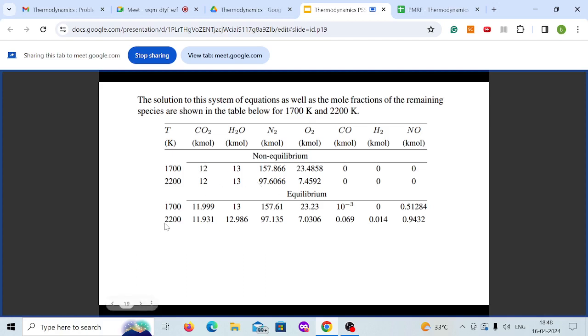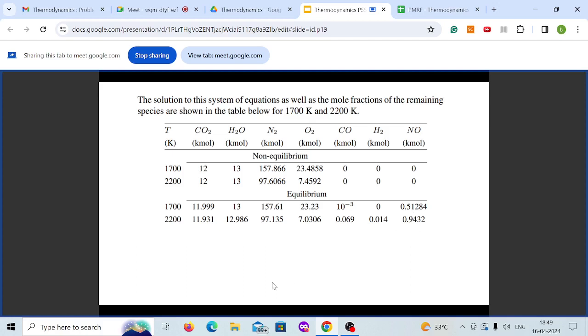So when you increase the temperature, if you see, additional amount of CO2 is decomposing to form CO and hydrogen, and your NO mole fractions are also increasing. So when your temperature is increasing, the other components' mole fractions are also increasing. So you can see the difference.